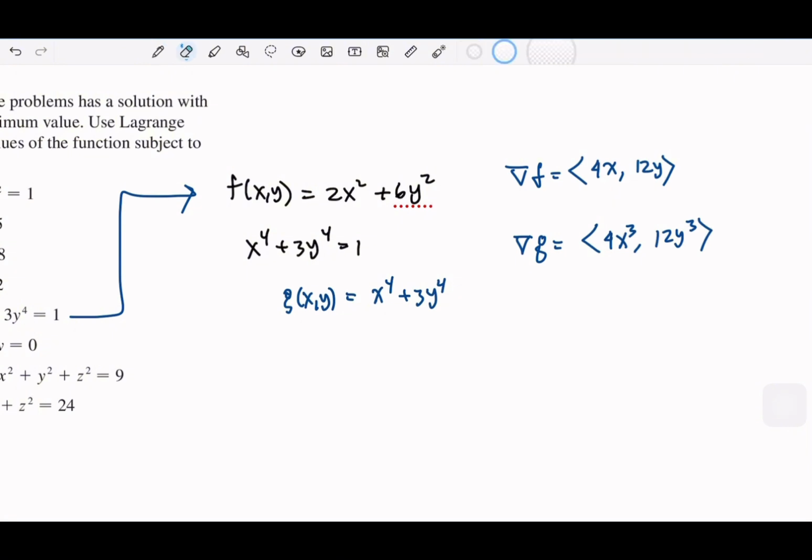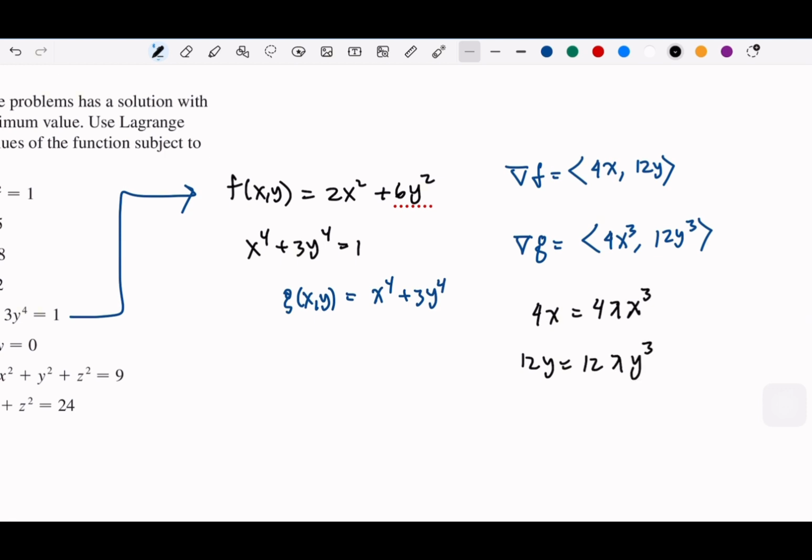Equaling this and then multiplying with lambda, I will write directly for each axis. So for partial x, 4x equals 4 lambda x cubed, and then 12y equals 12 lambda y cubed.